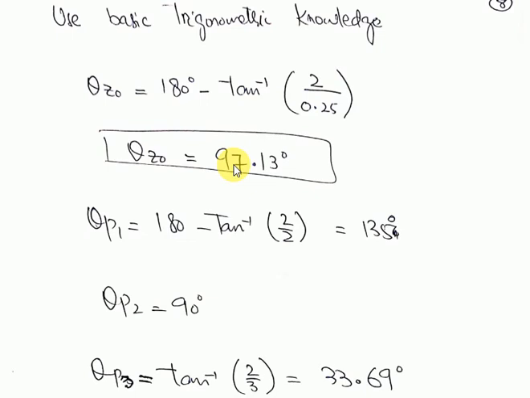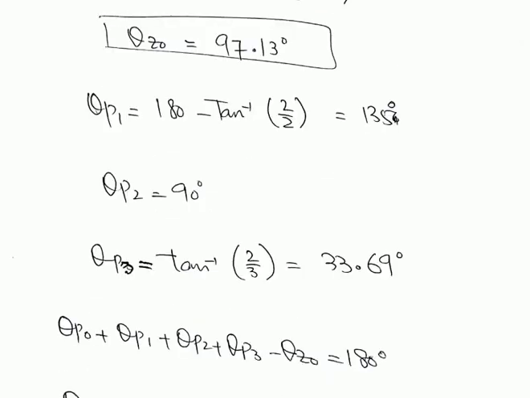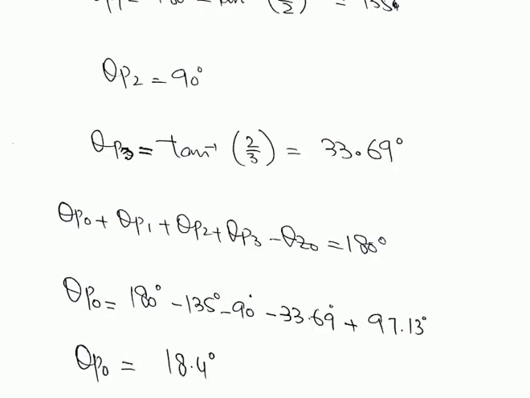सिमिलरली थीटा p1 180 माइनस tan इनवर्स ऑफ 2/2 दैट इज़ 135 डिग्री. थीटा p2 इज इक्वल टू 90 डिग्री एंड theta p3 is equal to tan inverse of 2/3 that is 33.693. So now we have found all the angles. Now put in above equation, that is theta p naught plus theta p1 plus theta p2 plus theta p3 minus theta z naught is equal to 180 degree.